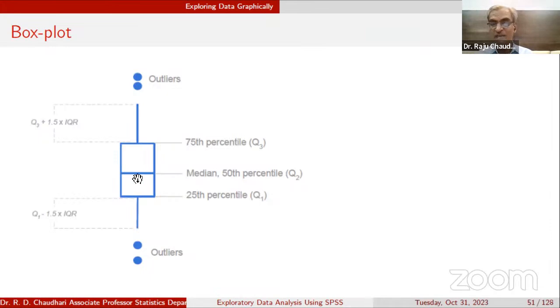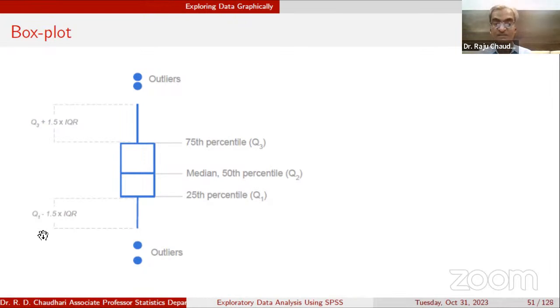The middle line of the rectangle is the median, which is the same as Q2, which is the same as the 50th percentile. Because below this line we have 50% of the data, and above that line we have 50% of the data. Exactly the same way, you can interpret the third quartile also, right?